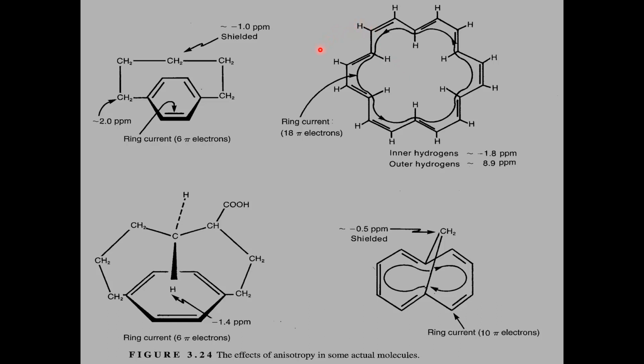Those outside the structure are located in the de-shielding portion of the magnetic field and resonate at 8.9 ppm, while the inner ones are located in the shielding portion of the anisotropic field and resonate at around minus 1.8 ppm. Very shielded. You can also observe the chemical shift of the protons in the remaining three structures and get an impression about the effect of this magnetic anisotropy.